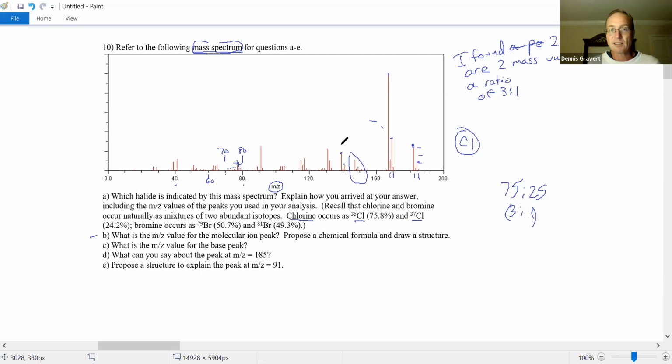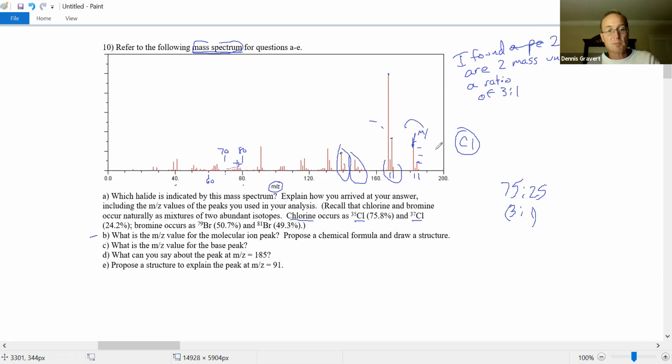So here's a cluster, there's a cluster, this is a cluster, here's a cluster. To find the parent peak, go to the rightmost cluster, these peaks here, and choose the largest peak farthest to the right. That means this one, and that happens to be the one that's 3 times as tall as this one. This is your parent peak.